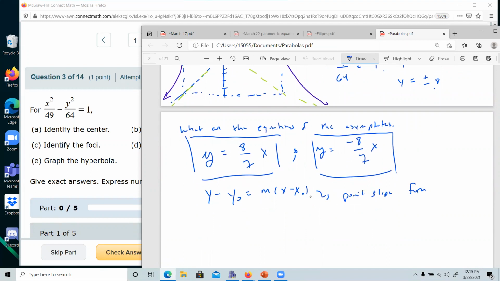There is another way to do this with y equals mx plus b. I'll show you that when we get to one that requires it. But pretty much all you do is if you know your slope and know your x and your y, then the only variable left to solve for is b, and you can do it that way.